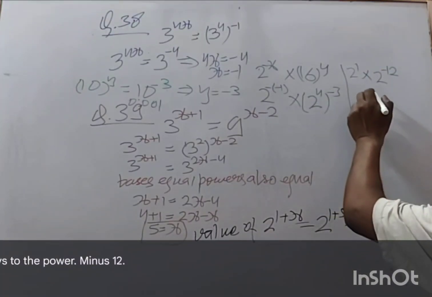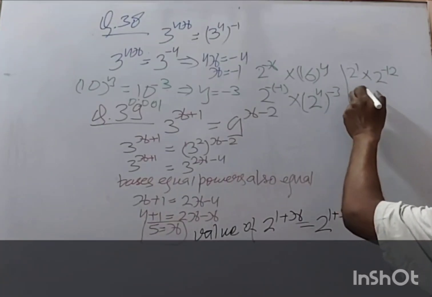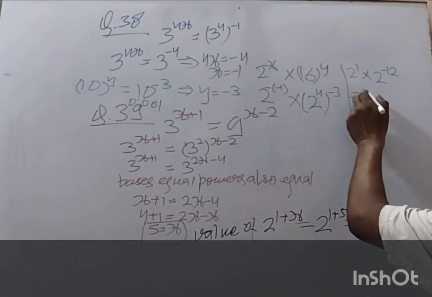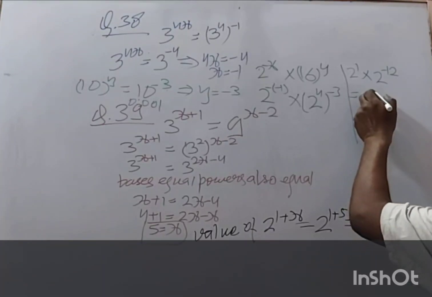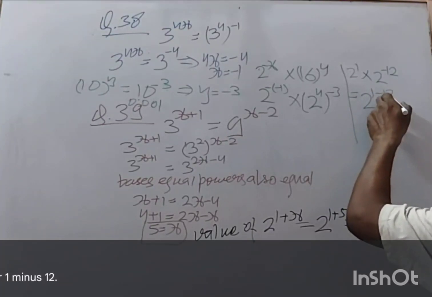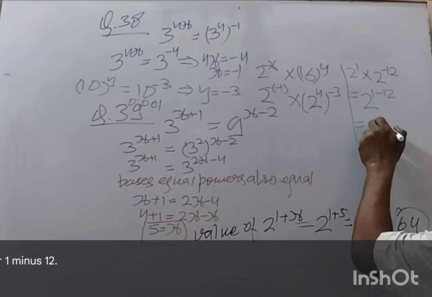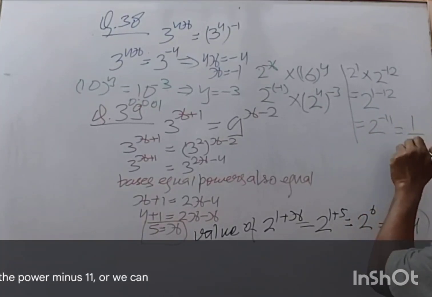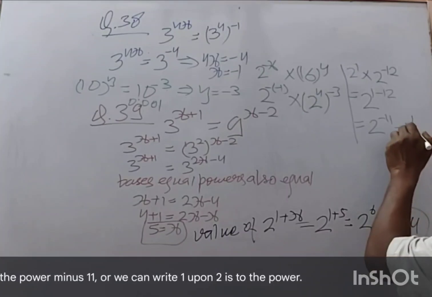So it becomes 2 raised to the power 1 minus 12, which becomes 2 raised to the power -11, or we can write 1 upon 2 raised to the power 11. What is your answer?